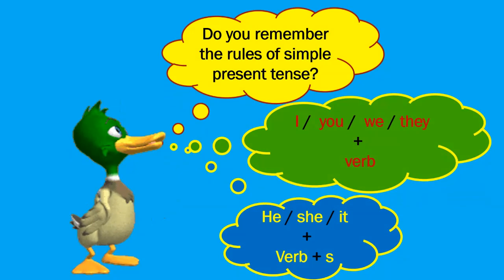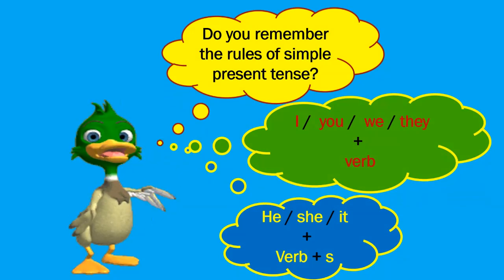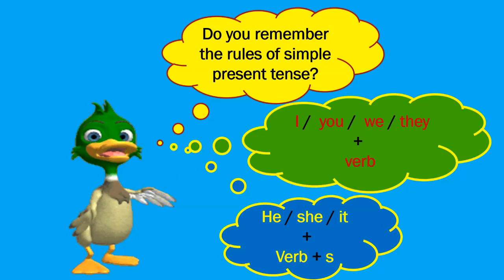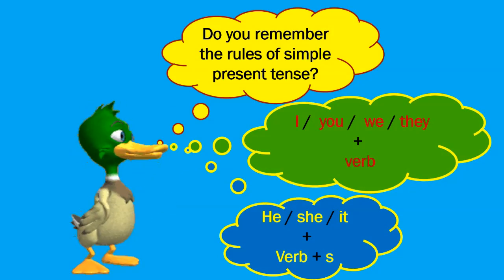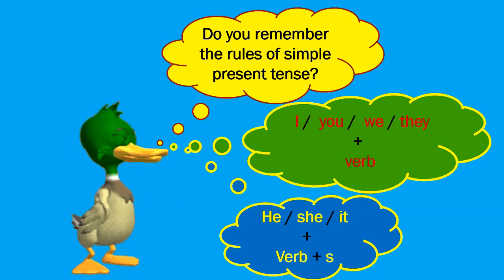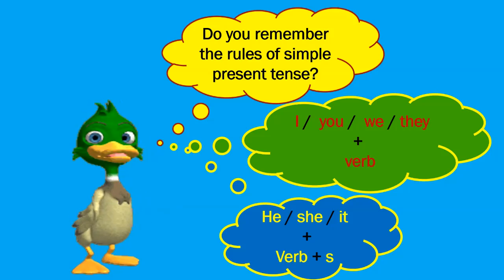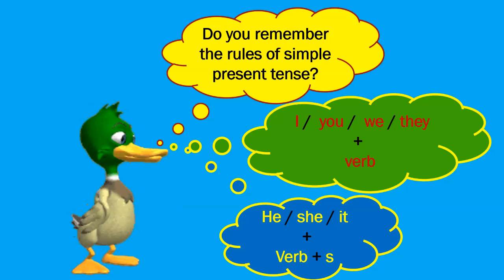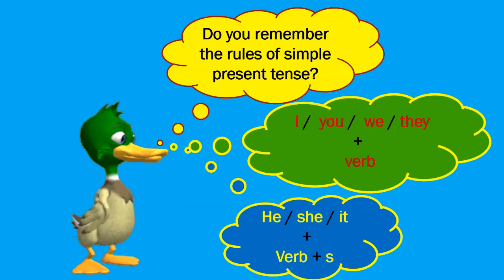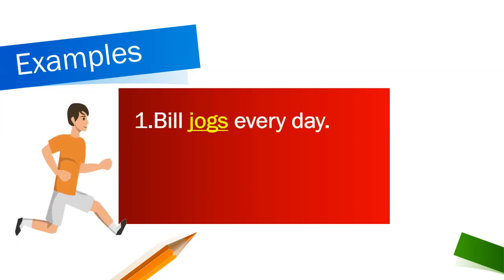With words he, she, and it, we use a verb, but we add an S to it. Okay, children? So remember, with words he, she, and it, and the names, we use a verb and add an S to it. Example, Bill jogs every day.